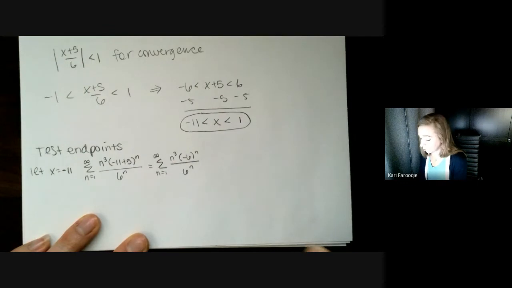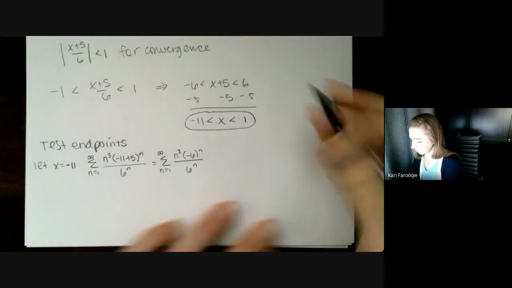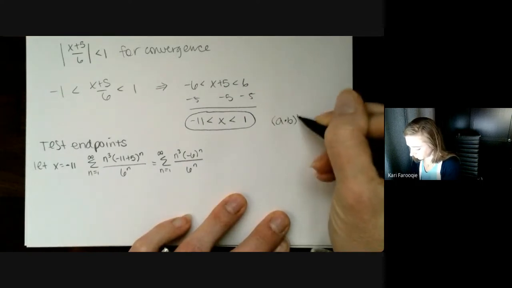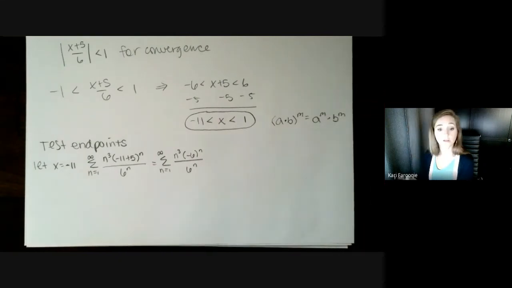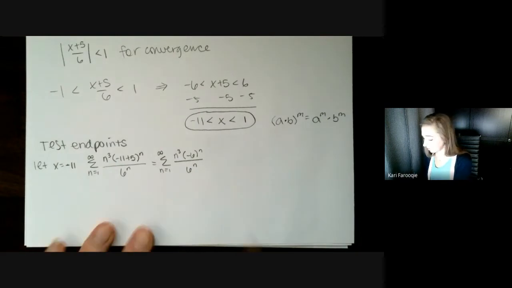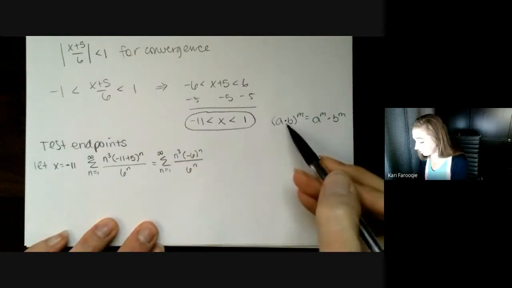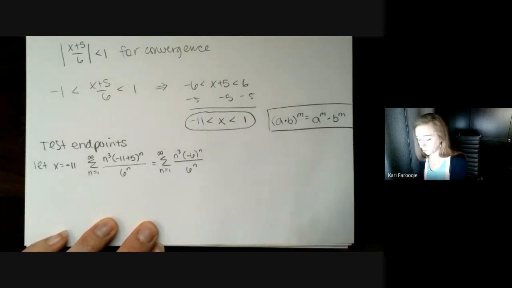And then we're going to simplify this again. Now, one of the exponent rules that we're going to be using quite a bit here is a times b to the mth power is a to the m times b to the m. We can distribute the exponent as long as we have a product inside the parentheses. We can't do it with addition or subtraction, but we can do it with multiplication. Now, if you're like, okay, fine, we don't have multiplication, we actually do.